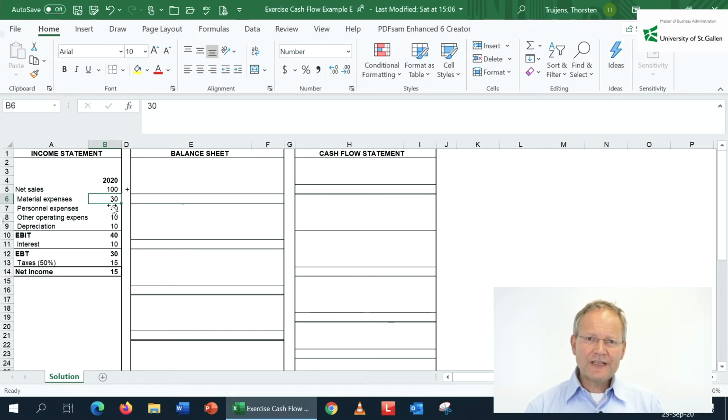The moment you have a different amount which you sold compared to what you purchased that day, you have different figures for the cash you actually paid out and the material which is shown in the income statement. The second issue is whether you already paid this material you have in the income statement.